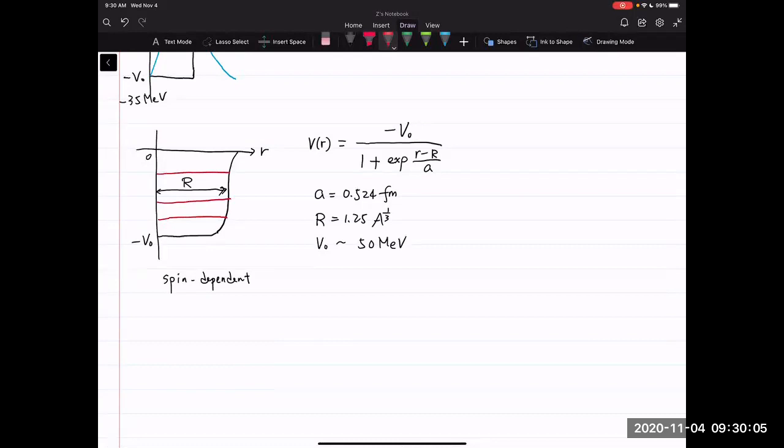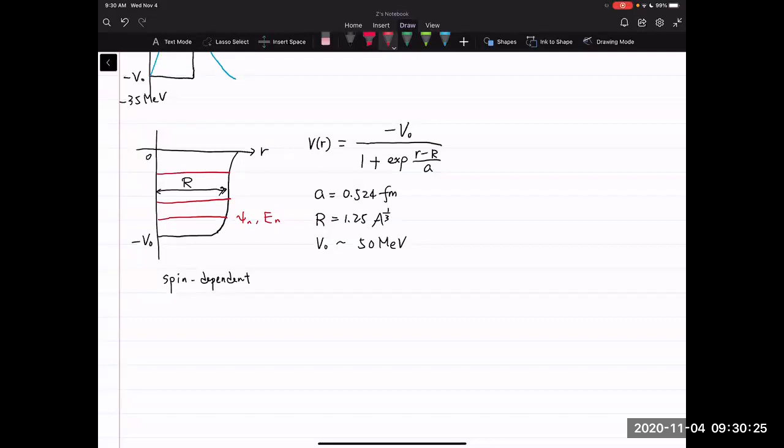For each of them, we have the corresponding psi n and E n. Of course, these psi n are not simply sine and cosine functions; they are actually quite complicated functions.